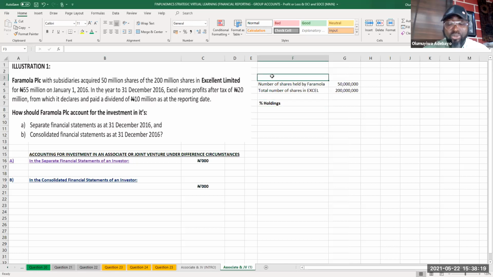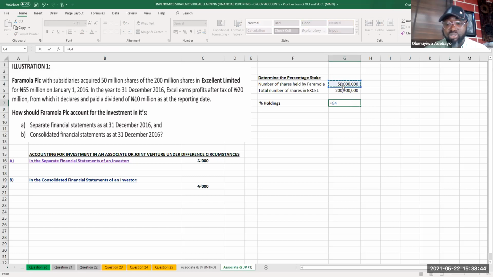The percentage holdings is what? It is the ratio of what you acquired over the total available. That's 25%.